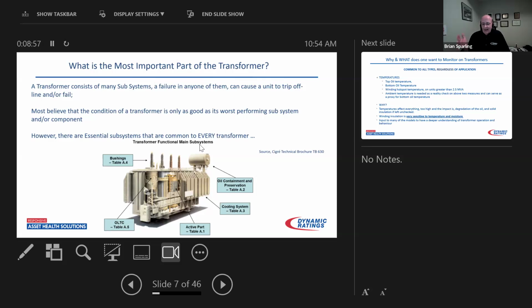In other words, if the tap changer is showing some signs of not good behavior, as I call it, that transformer, the whole unit, can be classified as suspect. If one bushing out of the 12, or however many are on the transformer, has a problem, it's classified as suspect or unreliable. So the unit's condition is only as good as its worst performing component. It's something to bear in mind.